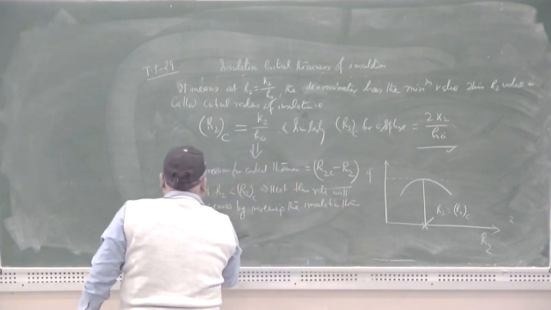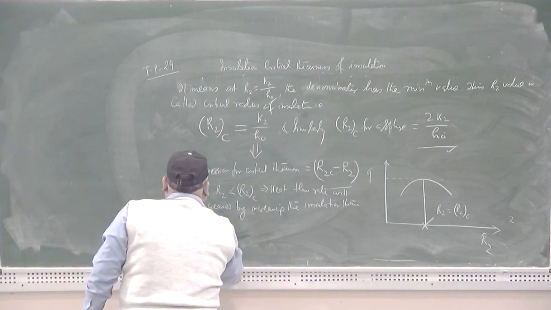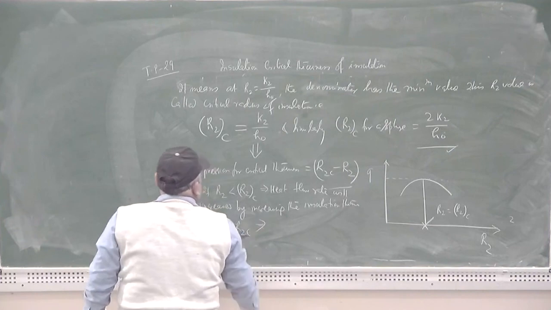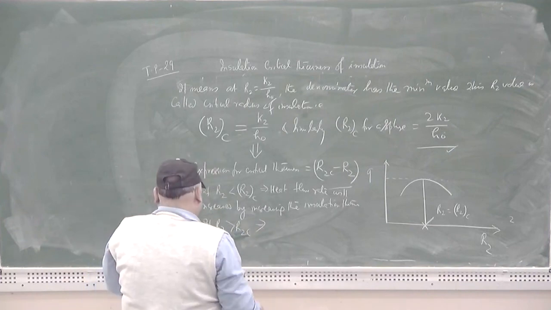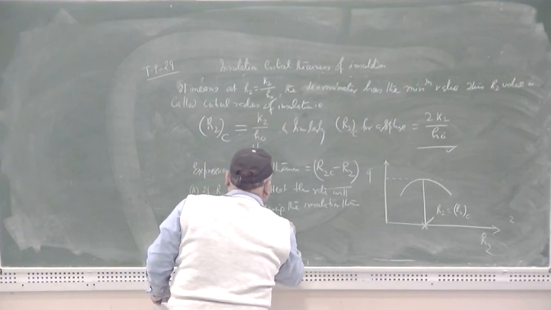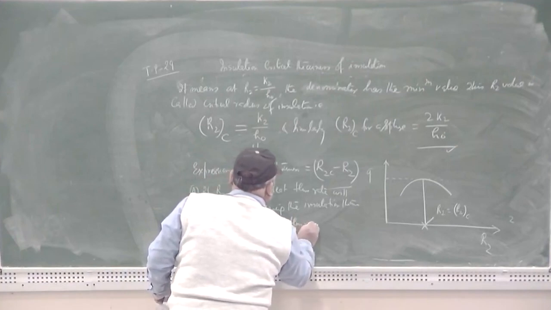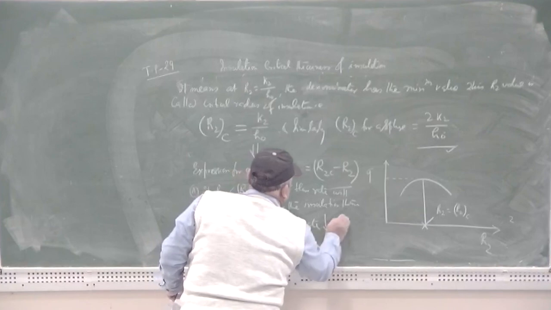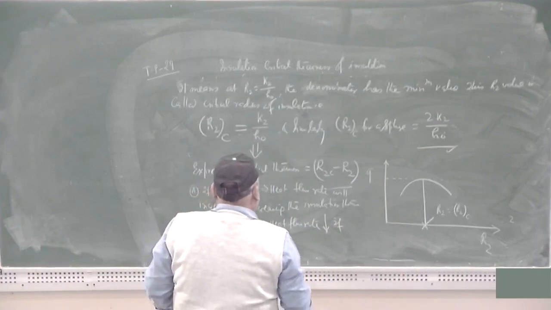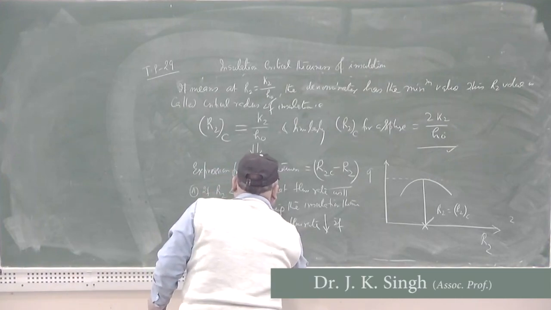But if R2 is greater than R2C, it means the heat flow rate will get decreased if insulation thickness increases.